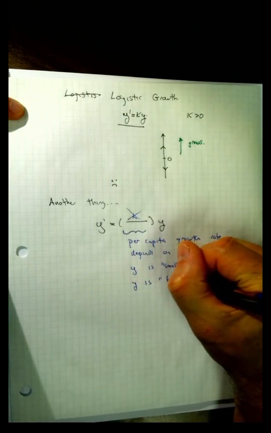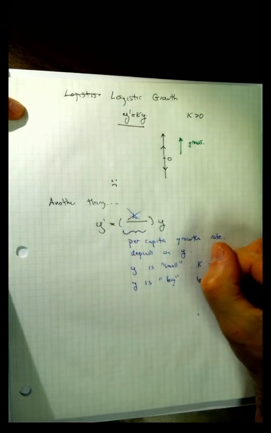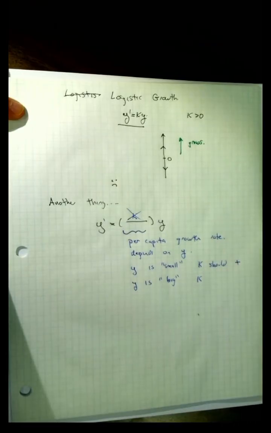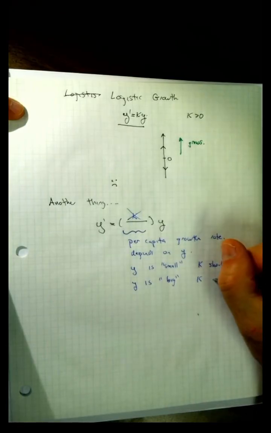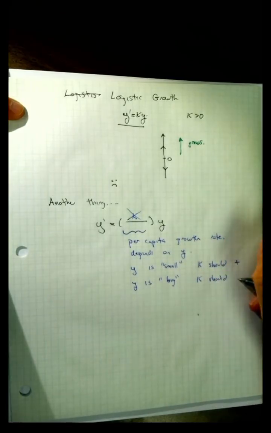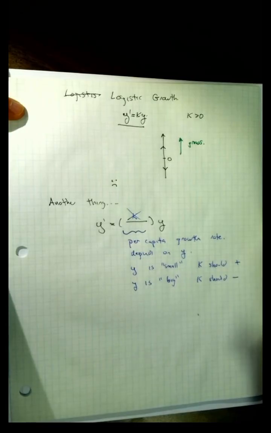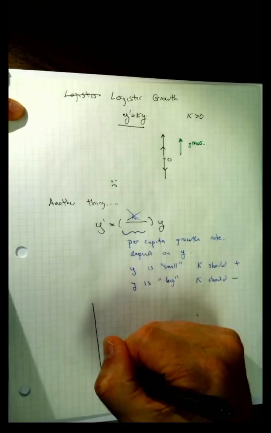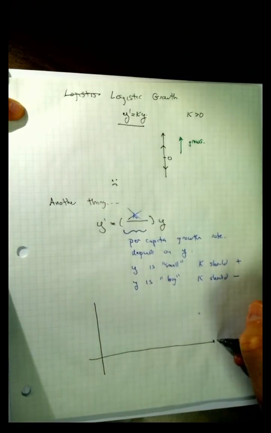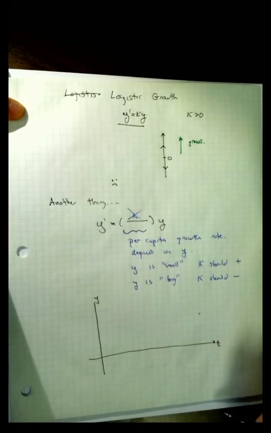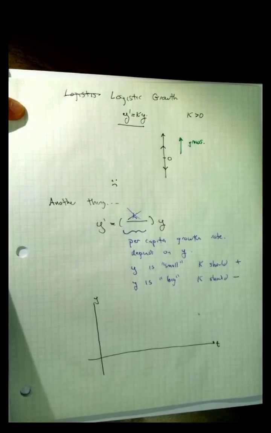Likewise, if y is big, if you have too many organisms there, we would expect them to be outstripping their resources. You really can't grow, so this per capita growth rate should be negative. So the question is what's the simplest way to do that? And we're going to be focused on just positive values for y. We're not going to worry about negative bacteria.